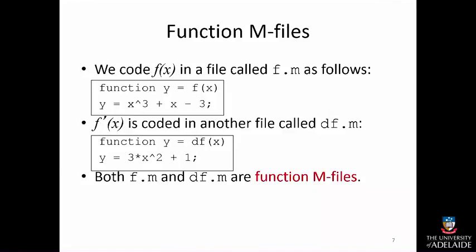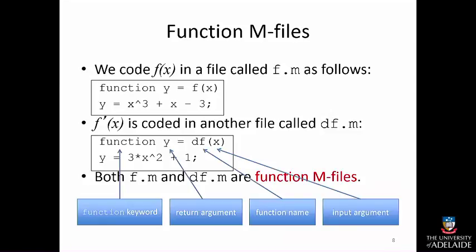One would be for f of x. What's happening here is that we are using the keyword function y equals f of x, and whatever is below that line is in the function. And the second function could be df.m, which is going to calculate the derivative.